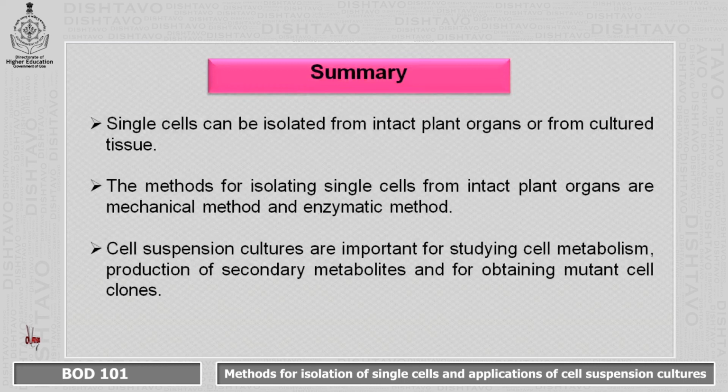The methods for isolating single cells from intact plant organs are the mechanical method and the enzymatic method. Cell suspension cultures are important for studying cell metabolism, production of secondary metabolites, and for obtaining mutant cell clones.